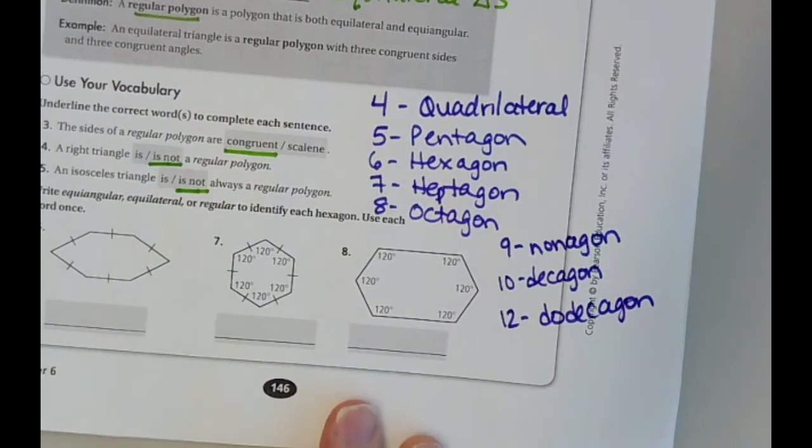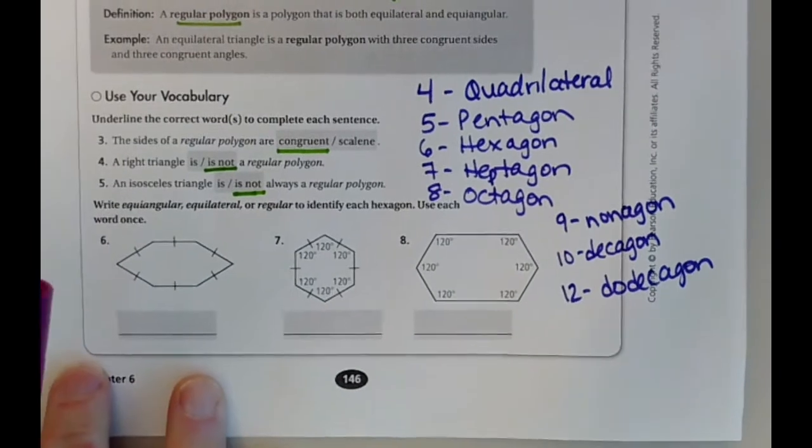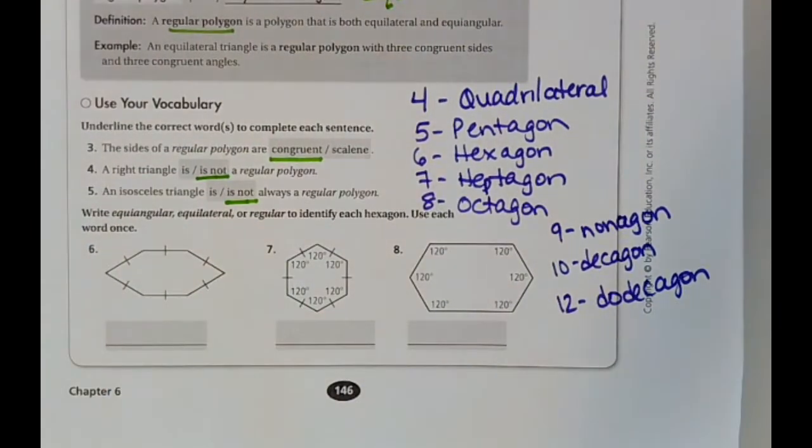Don't ask me to draw those because I can't. If we have other sides, like 20, we would just say 20-sided figure or 20-sided polygon. So these are all polygons. I think you need to know the names of them, especially hexagon and octagon. We use those a lot, so that's important.